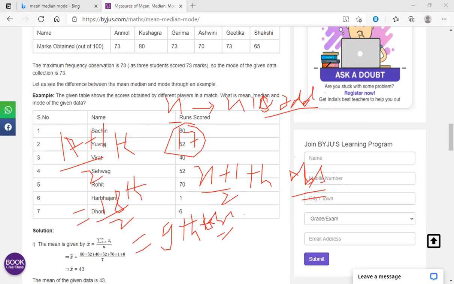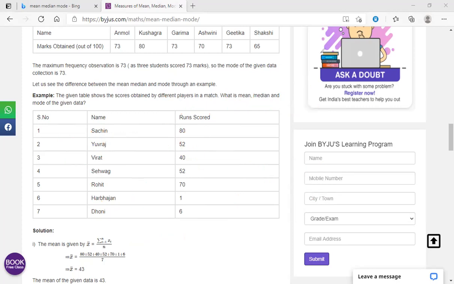So these are the basic definitions of mean and median. Now, what is the mode? The mode is the observation which comes most often in the data, the one that occurs the most number of times.